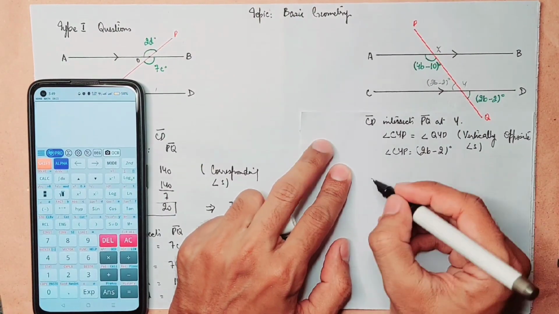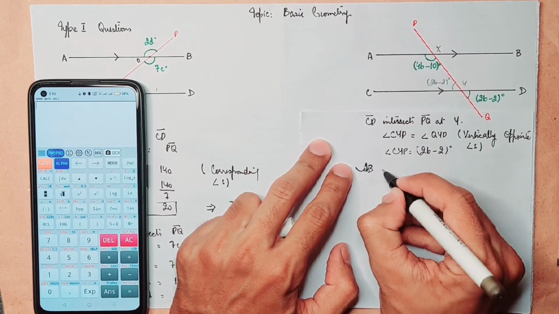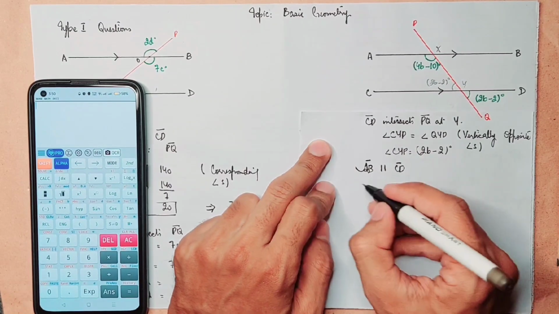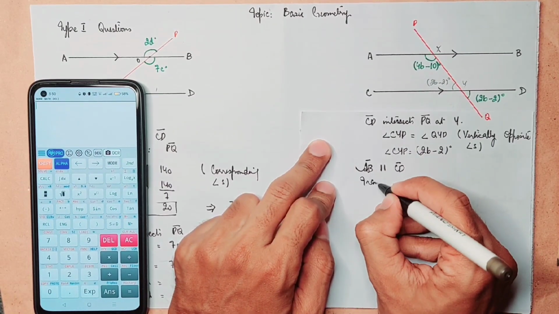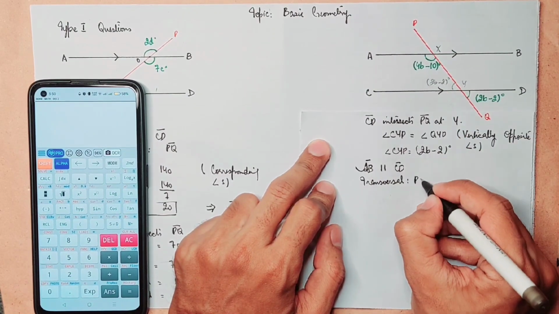So firstly I will mention the lines which are parallel to each other. Here AB is parallel to CD, and here is a transversal which is PQ.